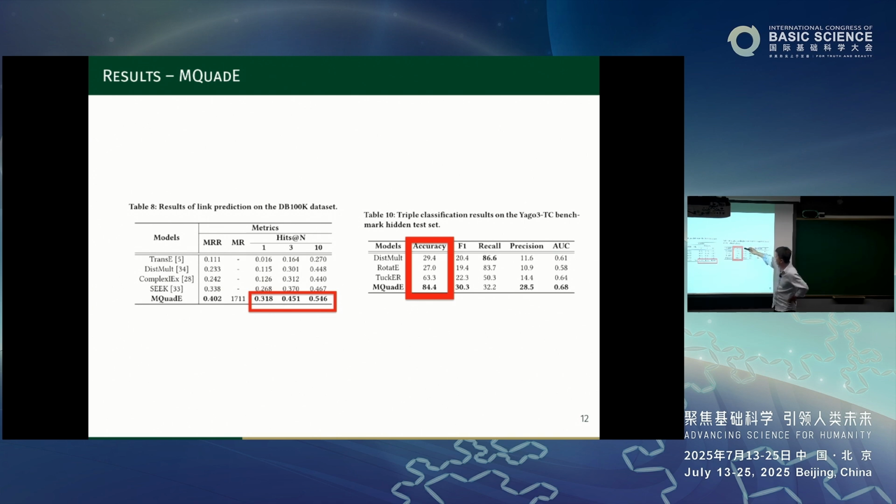And also in this task, just mentioned in the last one, to determine if a fact is true or not, in previous methods, the best one only gives you 33 on this data set, and our method gave 84.